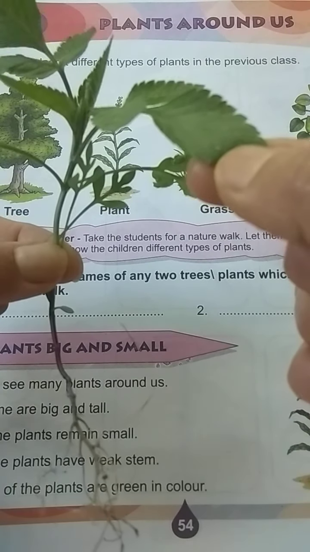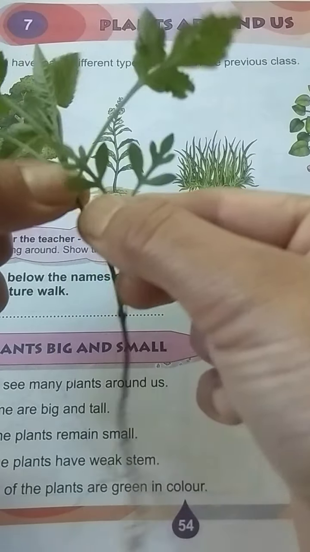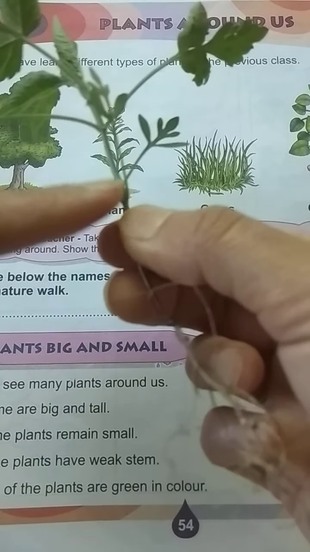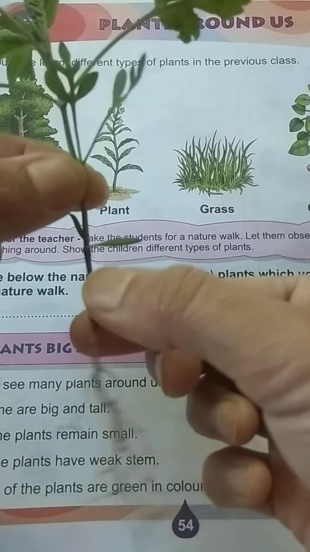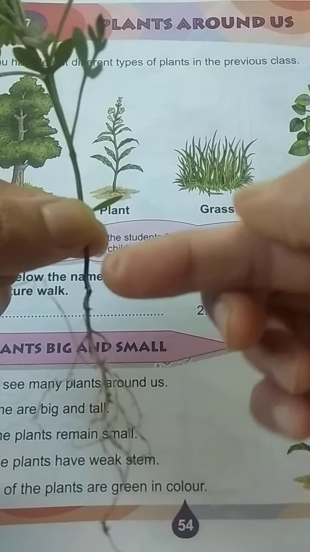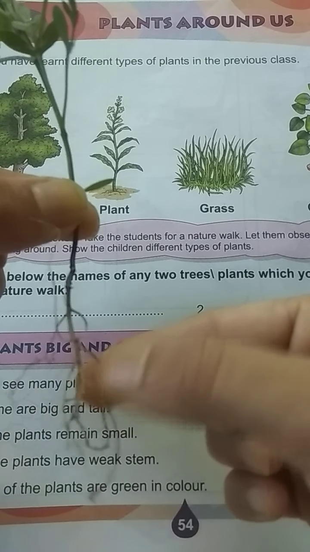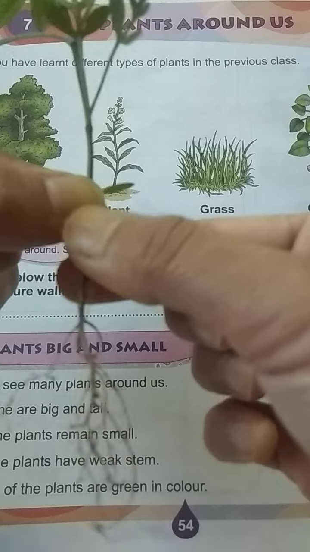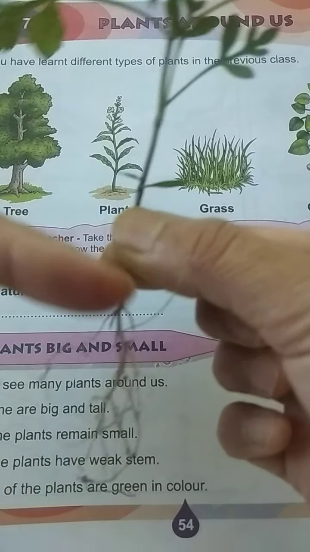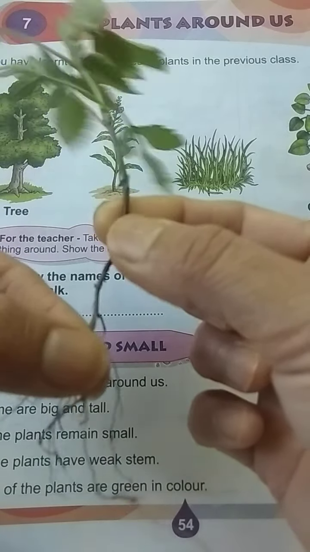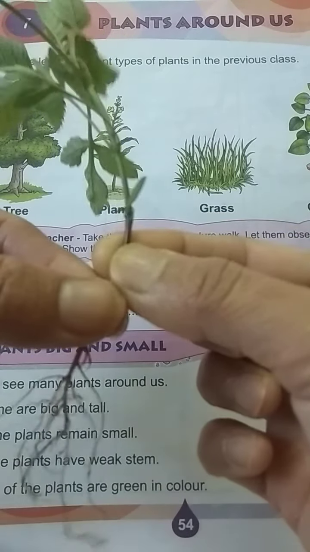First the leaves, then the leaves are attached to a green structure which is called stem, and below the stem, the structure which is under the ground is the root, and the root itself is quite hairy in structure. So roots are always found underground, and that is why they are brownish in color.